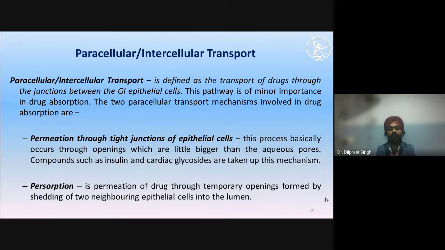It is formed by the shedding of two neighboring epithelial cells into the lumen. After the shedding of two neighboring epithelial cells, there is the influx movement of molecules or ions through an electrochemical gradient from the intercellular fluid to the extracellular fluid, held by the tight junction. When the drug molecule moves towards the extracellular fluid, it undergoes absorption into the blood.